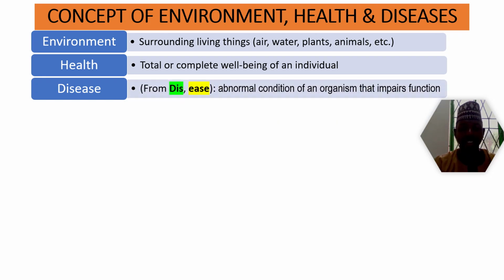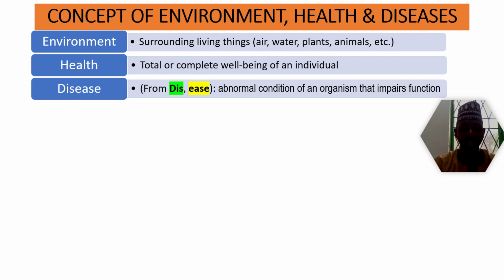Now, another aspect is diseases. The root of the word disease originates from two distinct words: the prefix, which is dis, and the suffix, which is ease, that is dis-ease. So when a person has a disease, we can say this person is in a state of dis-ease.